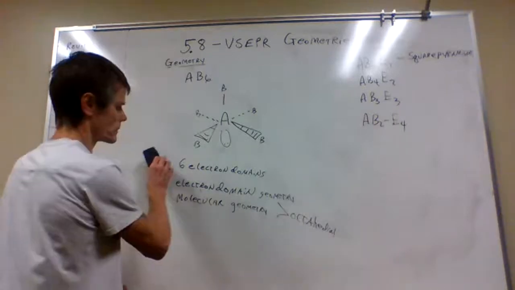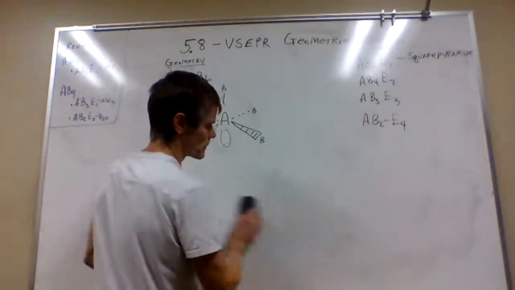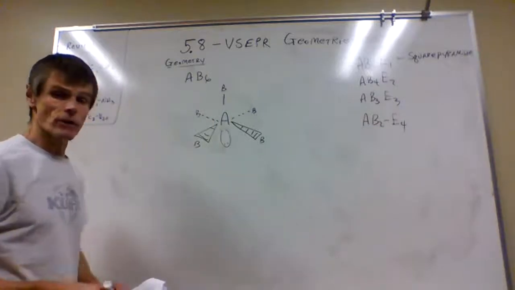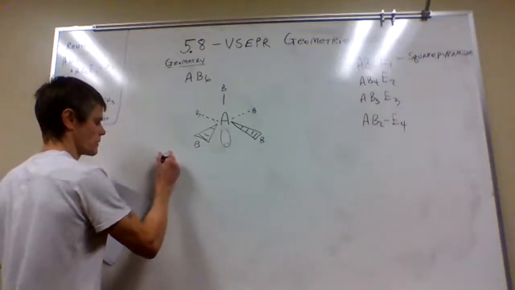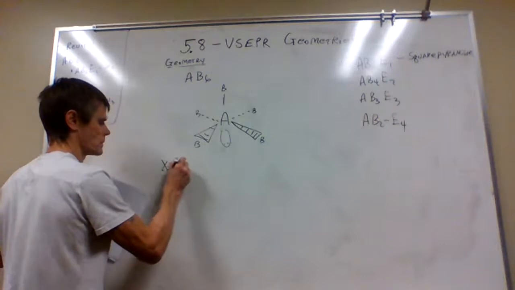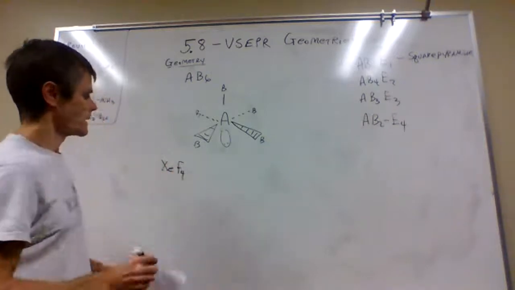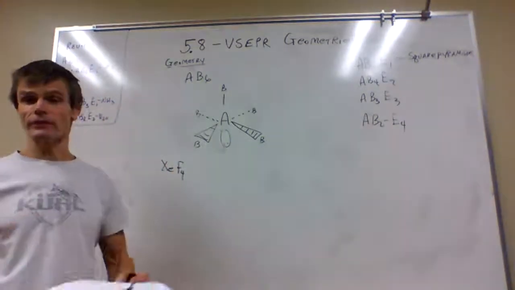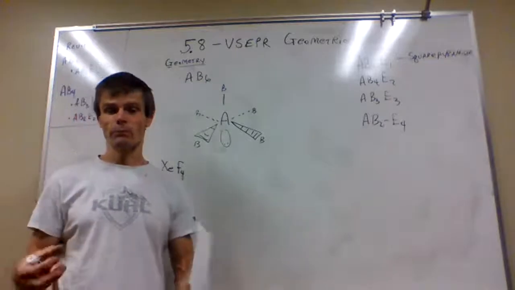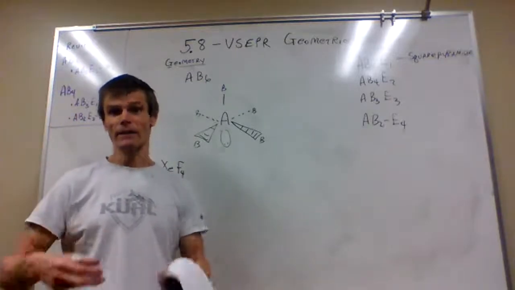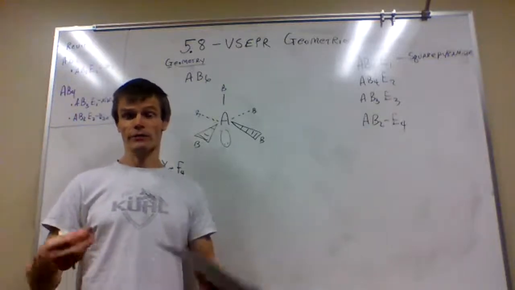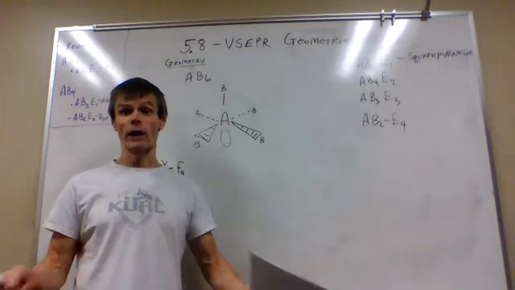Let's look at xenon tetrafluoride. Now, xenon is an inert gas, and this is also leading to the theory behind the expanded octet, that there's additional space, d orbitals available.